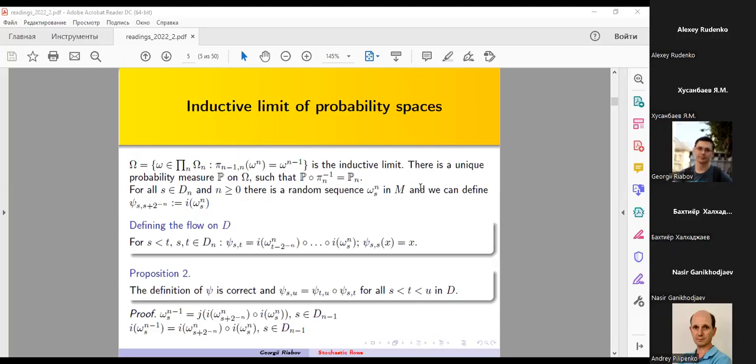So now we have random mappings that act between all the dyadic numbers, and actually it holds that for this random mapping psi, we have the strong flow property.